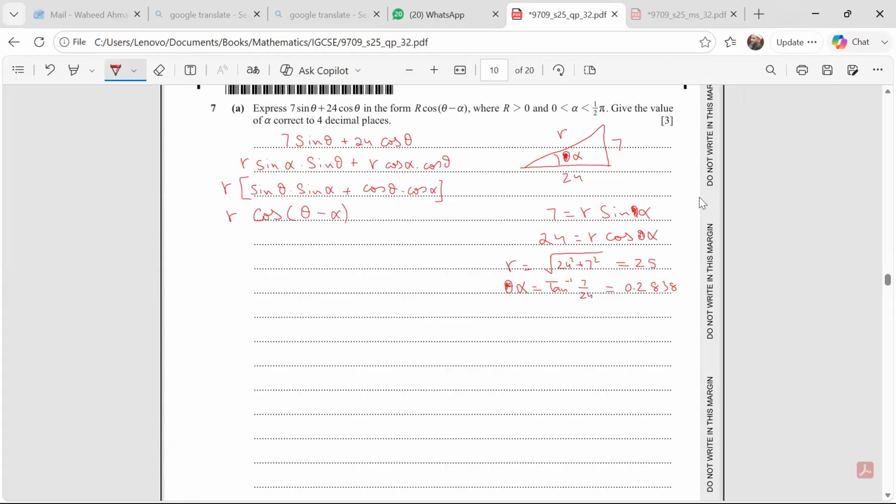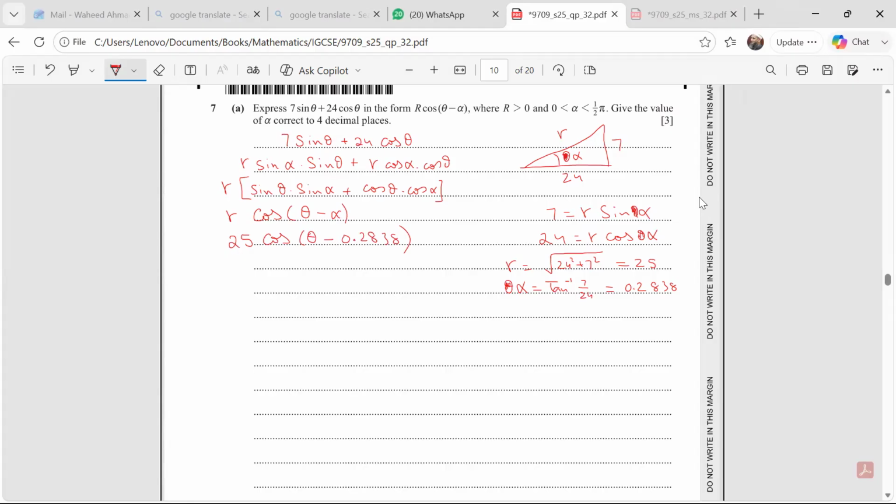Cos alpha minus beta is cos alpha cos beta plus sine alpha sine beta. Okay, so this r must be equal to 25, and cosine theta minus alpha is 0.2838, right? We find the alpha correct to 4 as well. Okay, so we are done.